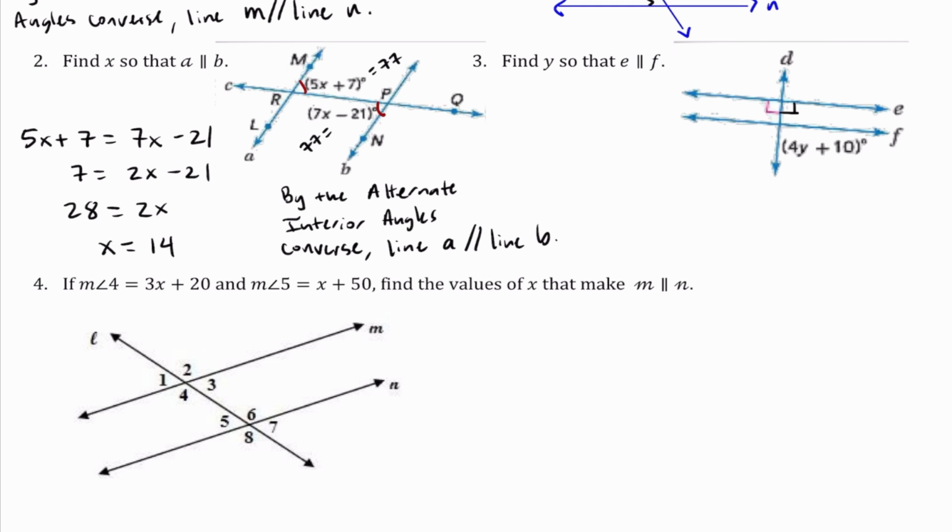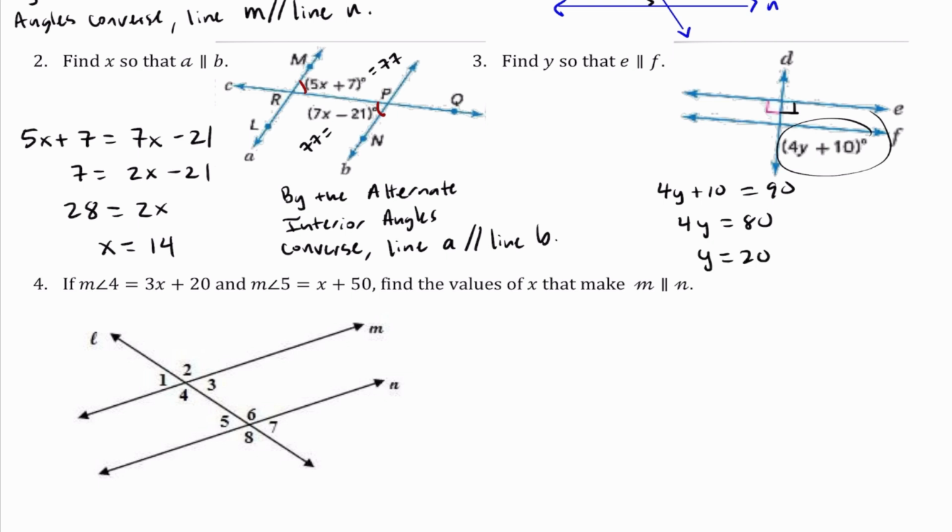So this means I need to set 4y plus 10 equal to 90. So 4y plus 10 equals 90, and once I have my equation, I'm going to solve for y. I'm going to subtract both sides by 10, and I get 4y equals 80, and if I divide both sides by 4, I get y equals 20.